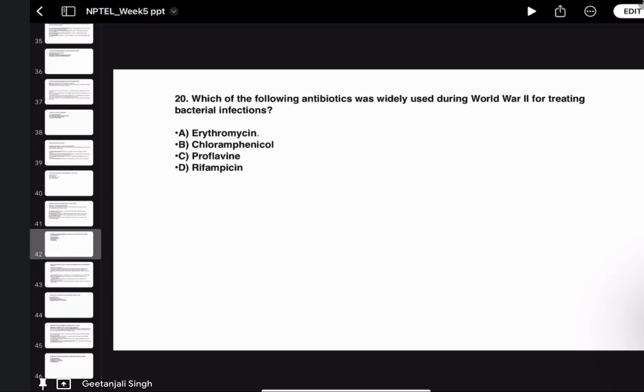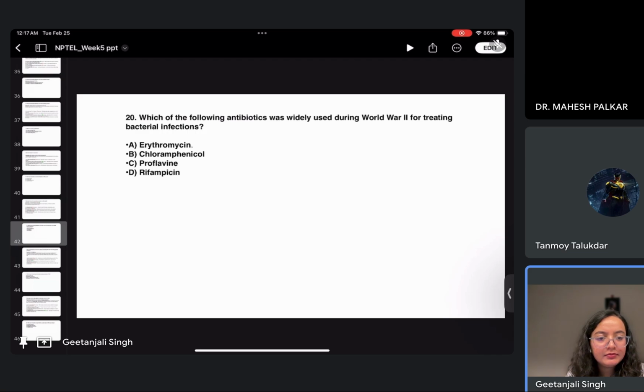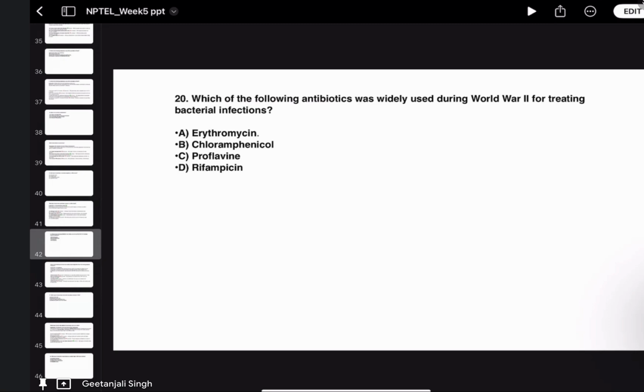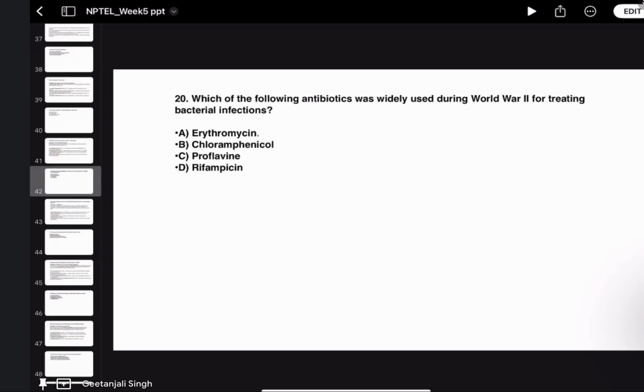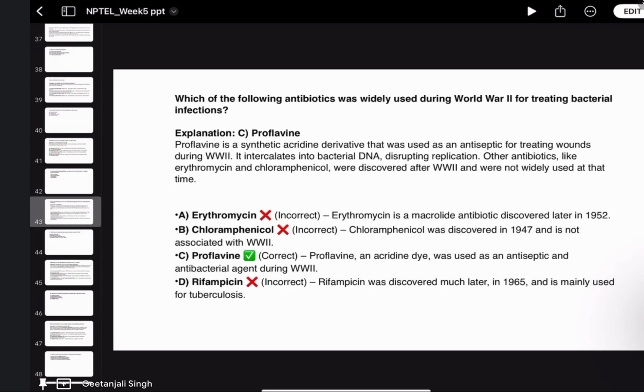Or D. Rifampicin. The correct answer is C.